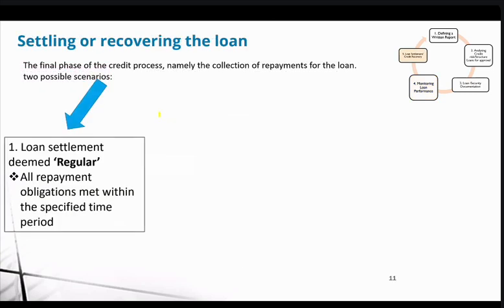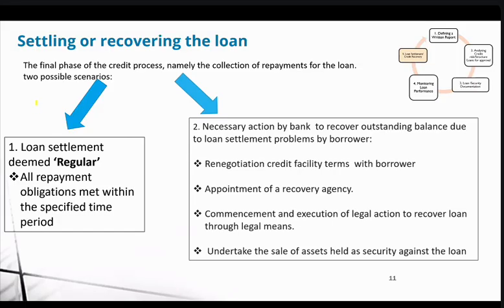This is collection. Either they paid on time and all repayment obligations are met within the specified time period, or there is necessary action by the bank to recover outstanding balance due to loan settlement problems. Now, you might be wondering why there is a recovery agency. I think this is something more familiar in business lending.